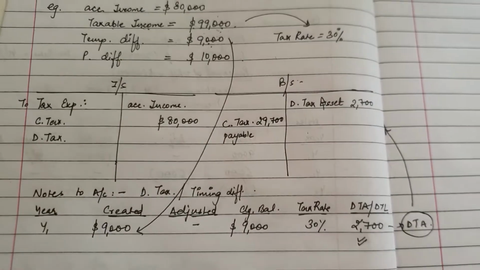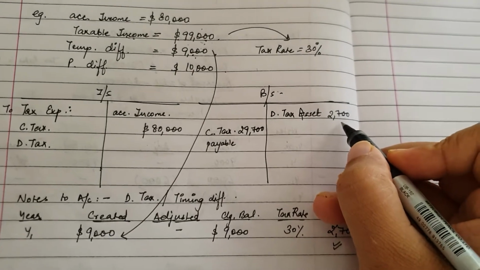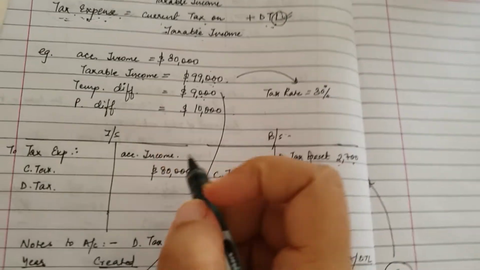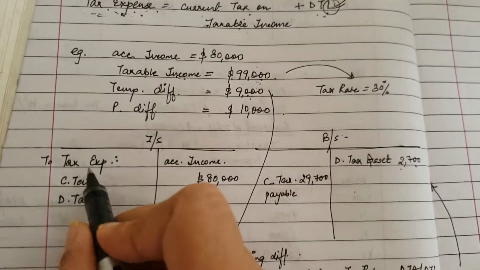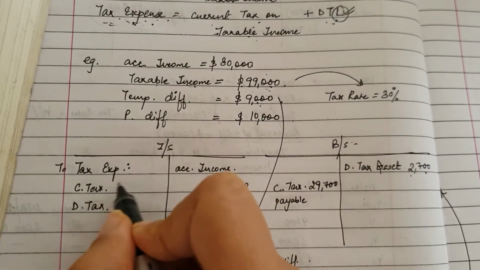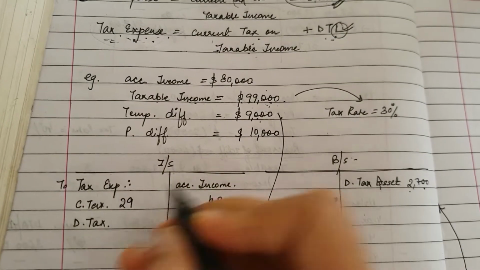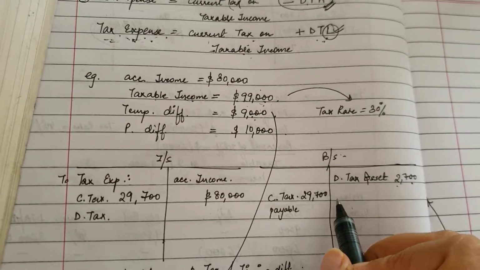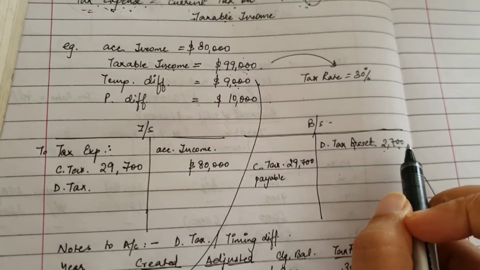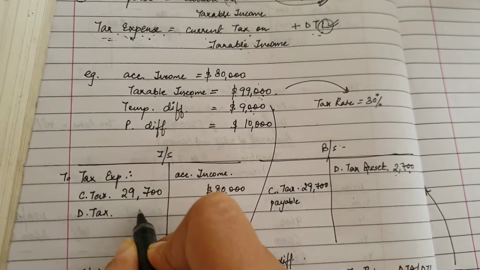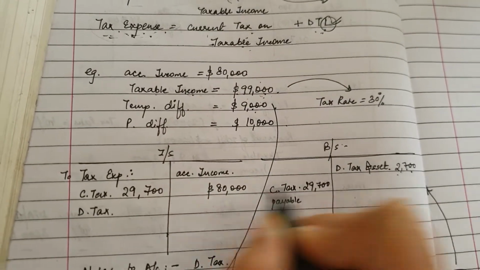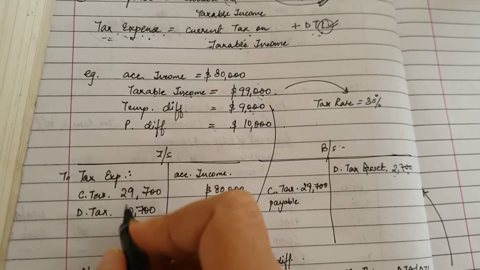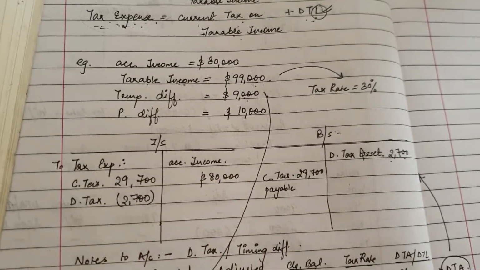Now, when we have to create a deferred tax asset, 2,700, what happens? The current tax payable, how does it come over here? Well, this year's tax expense is 29,700, and the deferred tax asset that I have to create would sit over here. When I have to create a deferred tax asset, 2,700 would definitely get reduced from here.